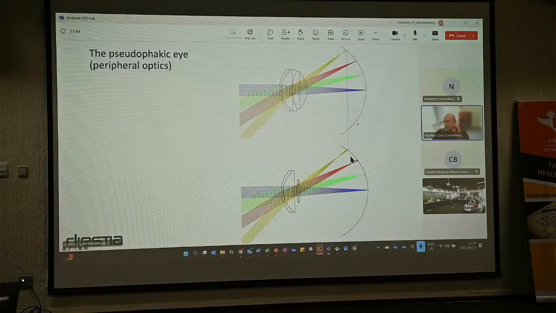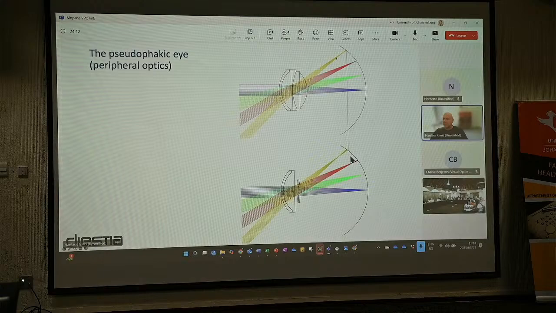These are not exactly like that in the pseudophakic eye. First of all, we know that we have extensive aberrations in the periphery, astigmatism, defocus being the big one, but also aberrations that severely deteriorate the image quality off axis.